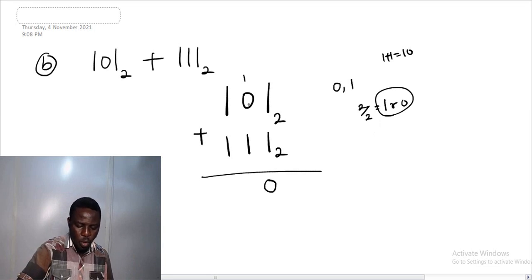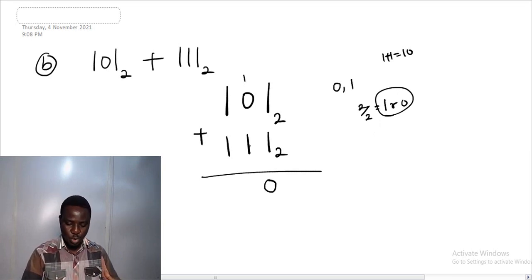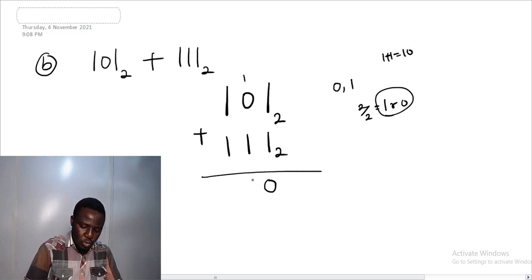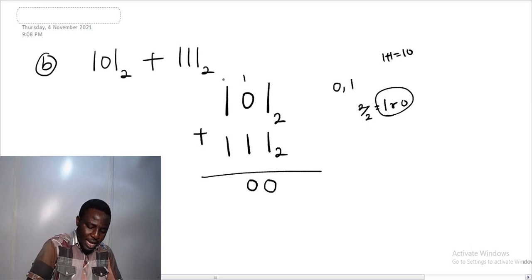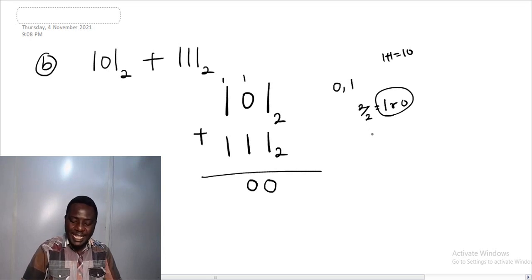Now let's continue. 1 plus 0 is 1. And 1 plus 1 is 2. But 2 is not a digit in base 2. So we are going to divide it by the base, which is 2 divided by 2 is 1, remainder 0. So I'm going to write down 0 and carry 1. 1 plus 1 is 2. 2 plus 1 is 3. 3 is not a digit in base 2.